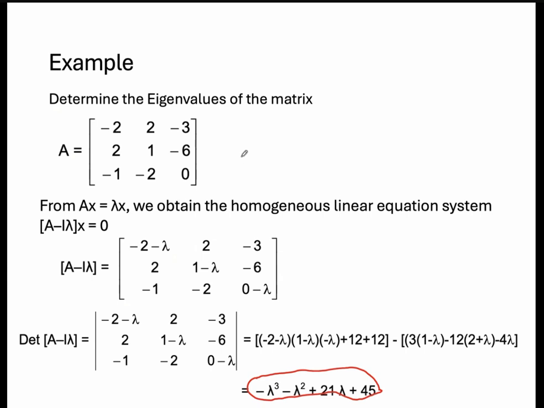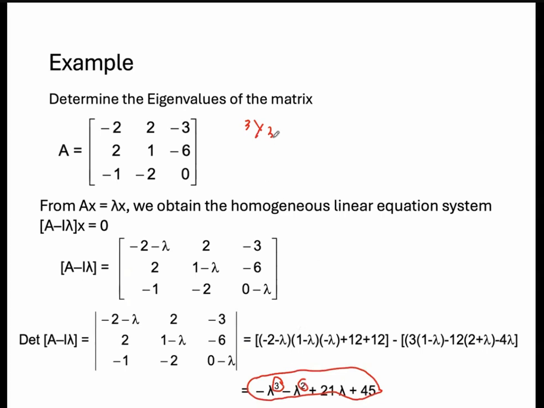If we determine the eigenvalue of a matrix of order 3 by 3, the polynomial equation has order 3.